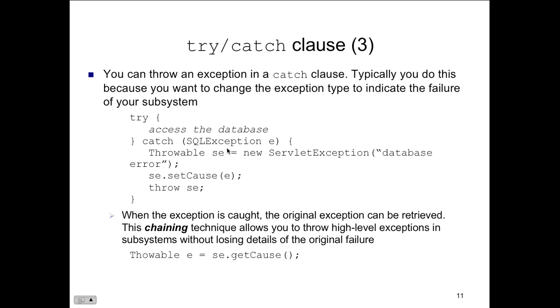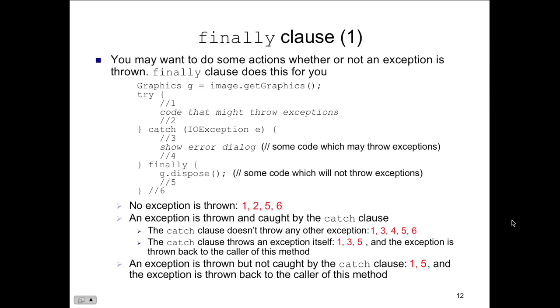Instead, we have a database error. And then we set the cause on the database error, so when the exception is caught, the original exception can be retrieved. This chaining technique allows you to throw high-level exceptions in subsystems without losing detail of the original failure. So you still have the original failure that is caught, but you're able to throw an exception inside of it.